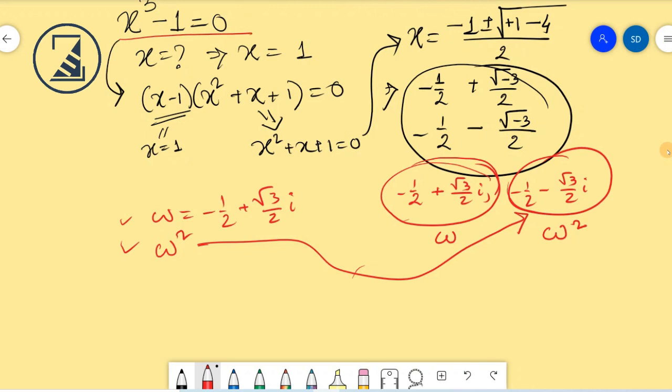Now what about omega cube? If you do omega cube, you will find omega square multiplied by omega, which is equal to 1.